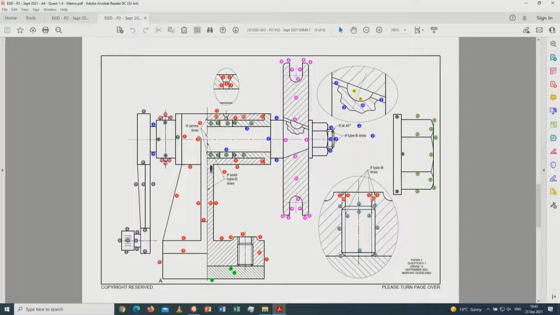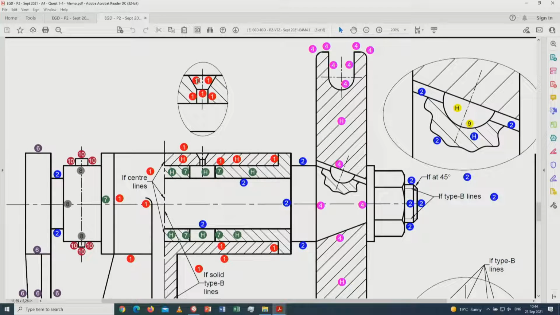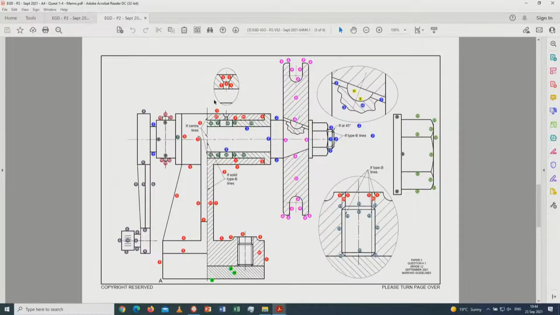Hatching is all the way down there towards that position. All right, so it's 14, 15, 16, up to 28, and then of course this portion has been enlarged for 5 marks that you will see on that part, and that is also enlarged over here.